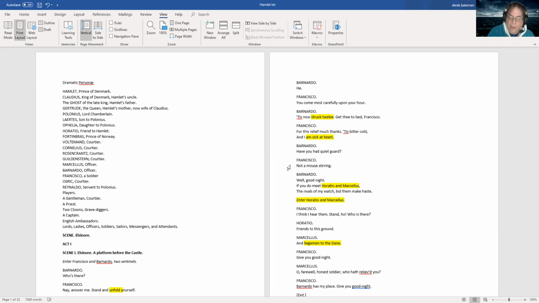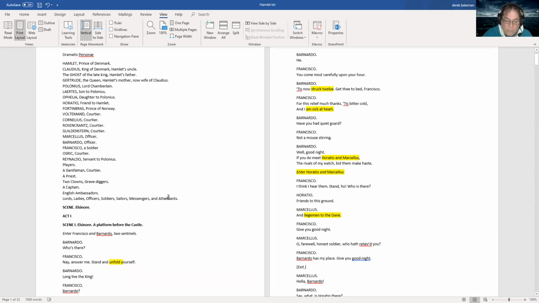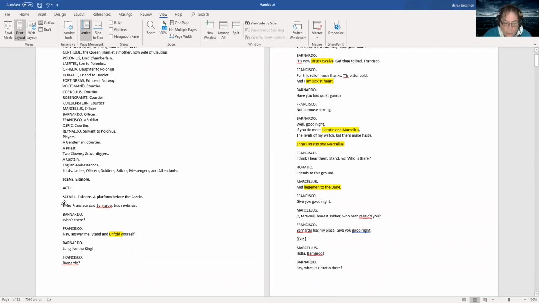So you have to be very attentive to the dialogue, and also very attentive to what is told to us at the beginning of scenes, when someone exits, and so on. So you're always cognizant of who's on stage and who's communicating with whom.